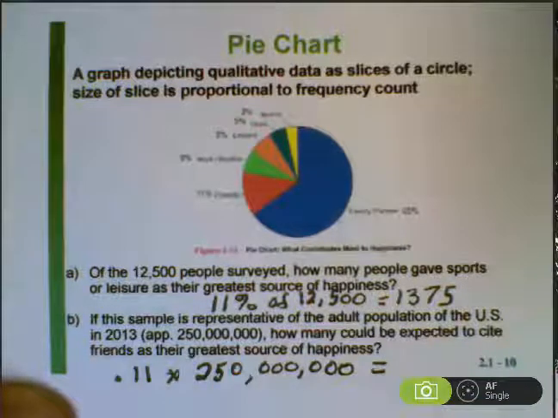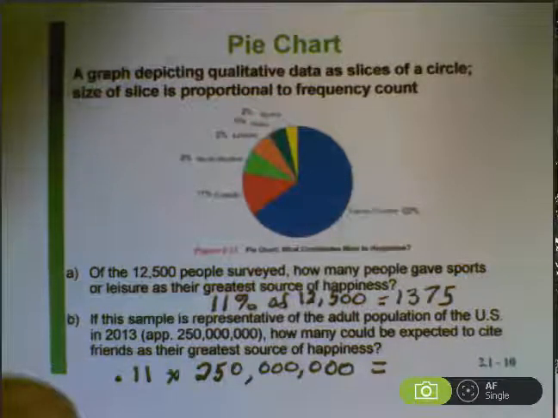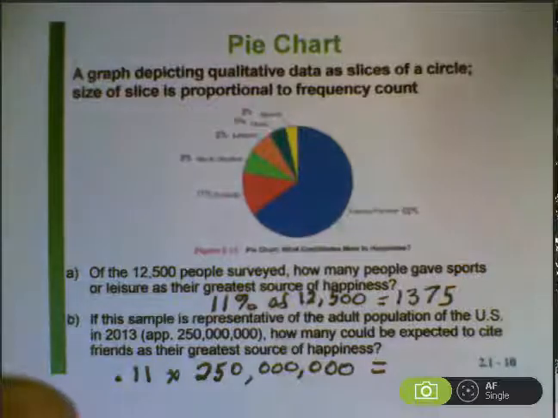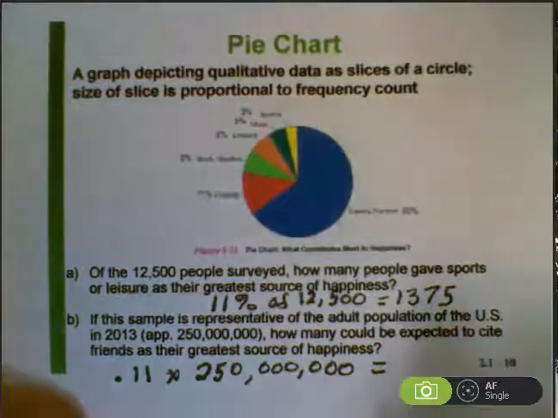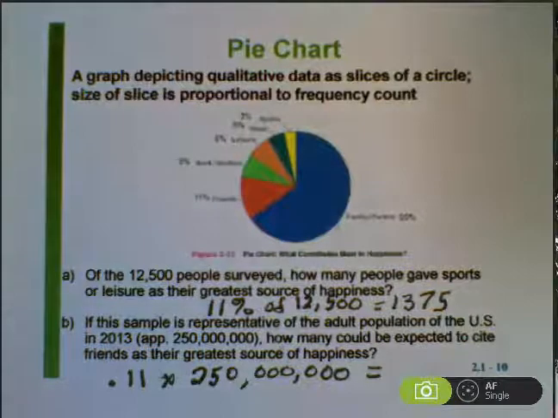And 0.11 times 250 million is 275. That answer doesn't make sense. I don't think the calculator took my decimal on the 0.11.